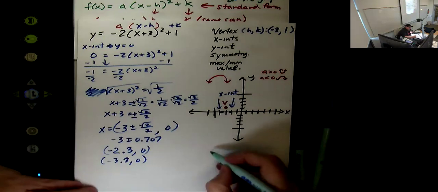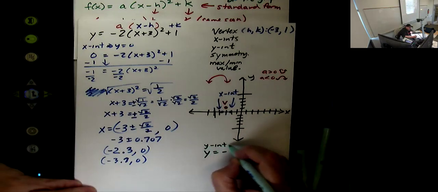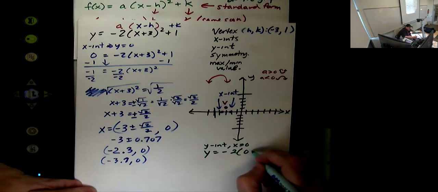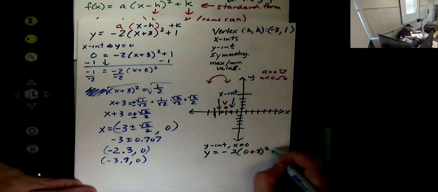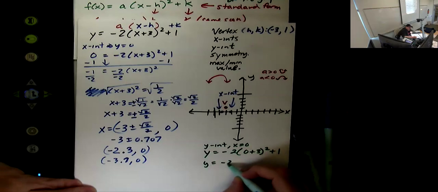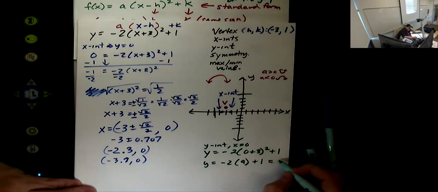The y-intercept is when x equals 0. So I've got -2 times (0 plus 3) squared, plus 1. y equals -2 times 9, plus 1. And that adds up to -17. Oh no, I didn't make my graph big enough.